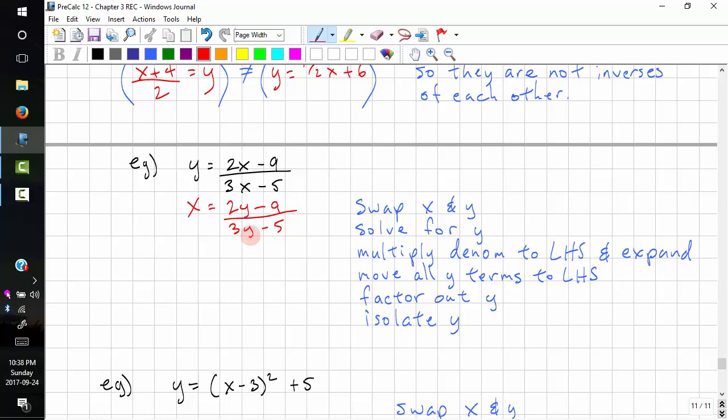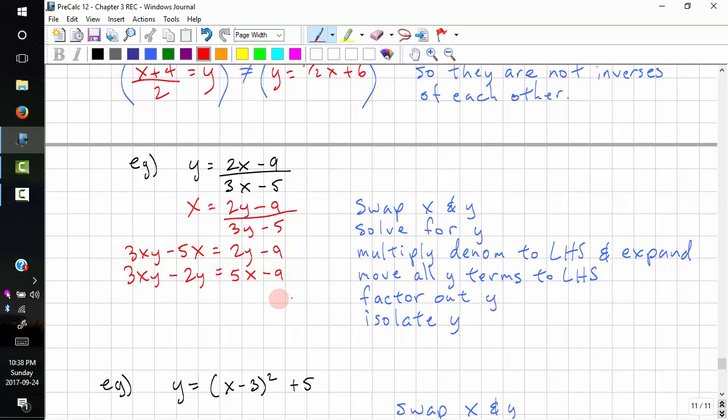So 3y times x is 3xy. Negative 5 times x is negative 5x. Now we move all y terms to the left-hand side. So we have 3xy minus 2y. This negative 5x goes to the other side, so it becomes positive 5x.